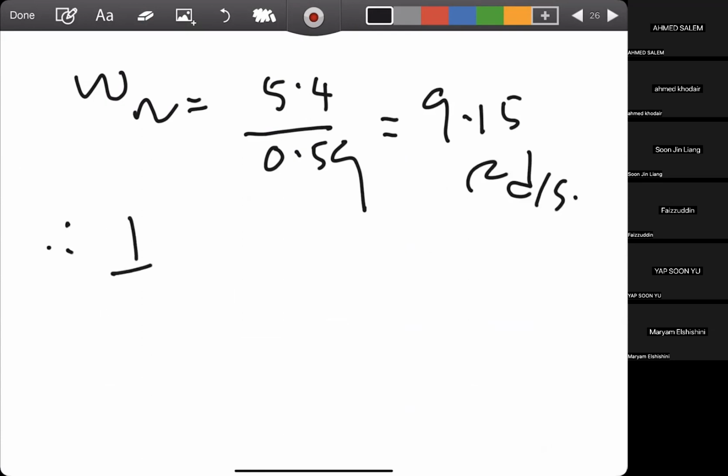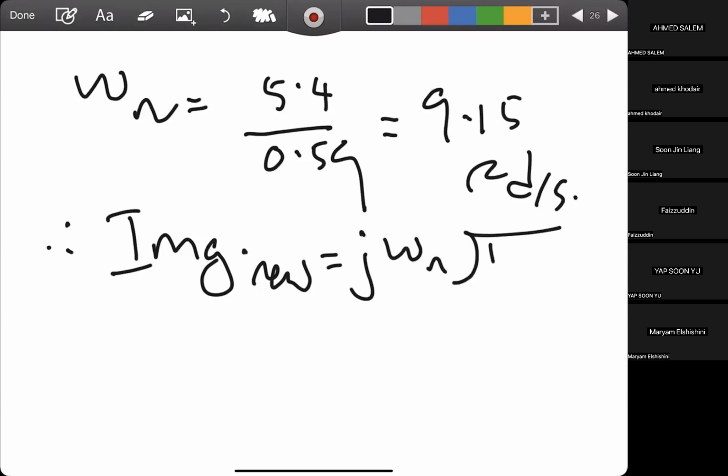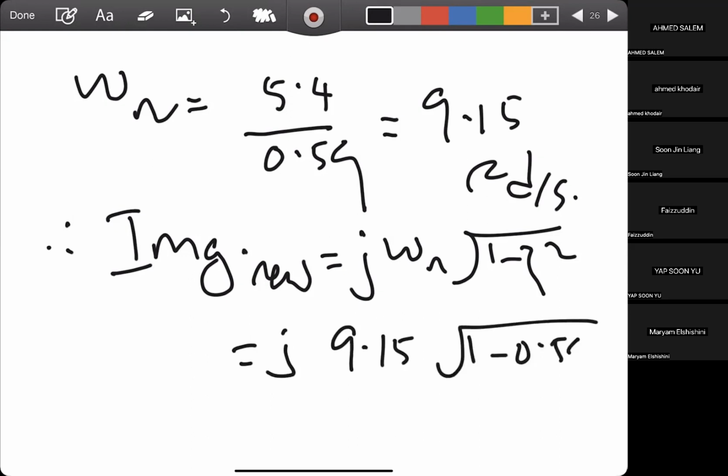And then find the imaginary part, which is omega n times the square root of 1 minus zeta squared. So you insert 9.15, 1 minus 0.59 squared, 7.39. Okay.